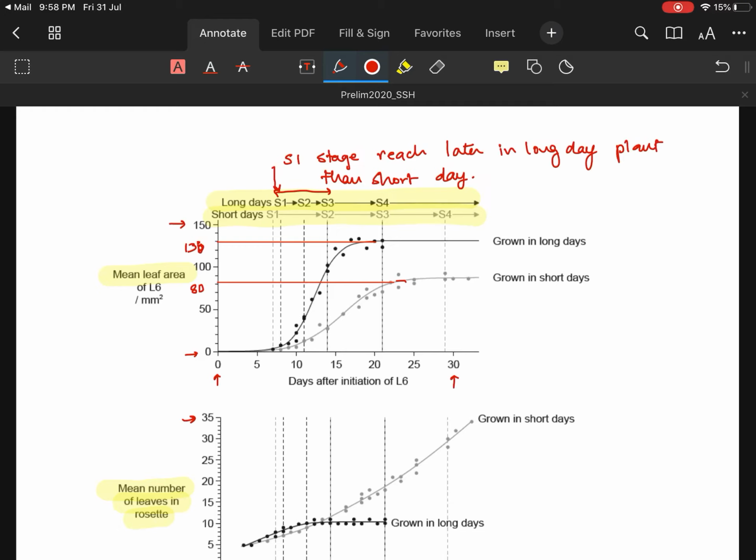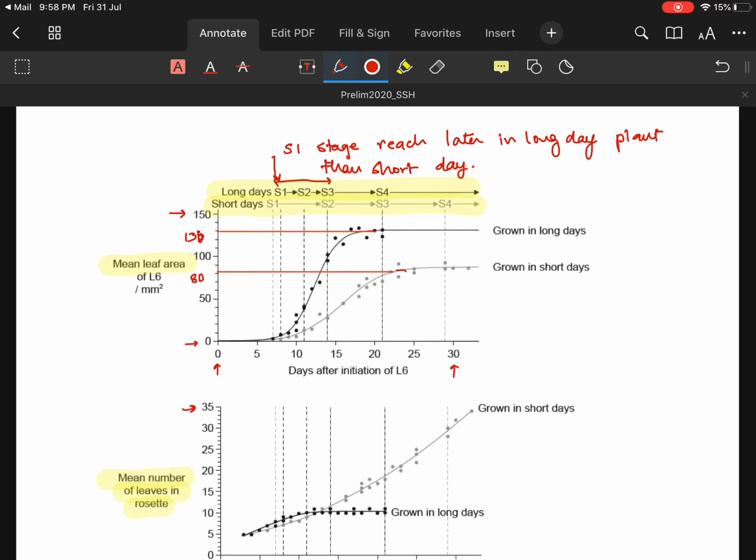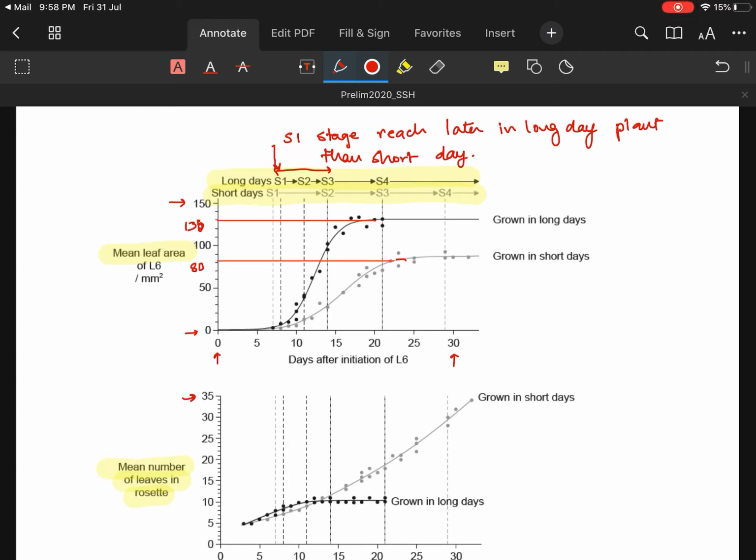So this point also you can mention there. So these are the points which you can give, and you can see the length of all these stages is also different. In long day plants there is more variation in all the stages.